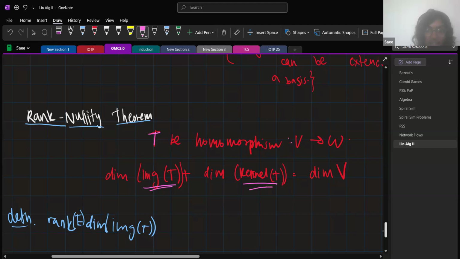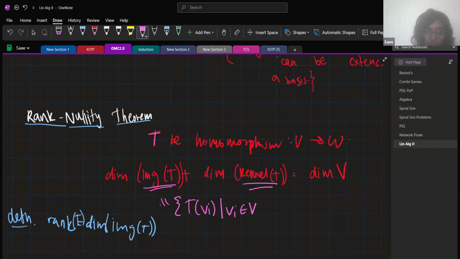Then the kernel of T will also be some vector space. The image of T is basically the set of all T of Vi, where Vi is from V. This is going to be some subspace of W.